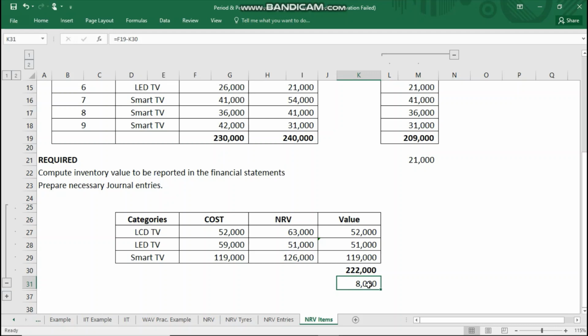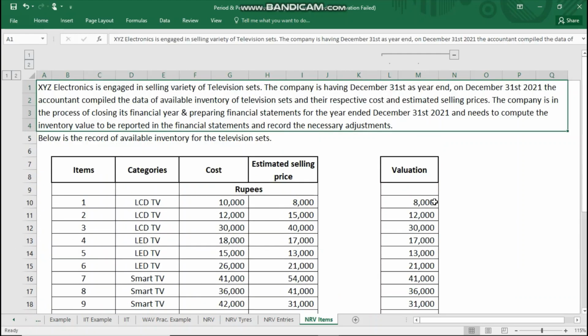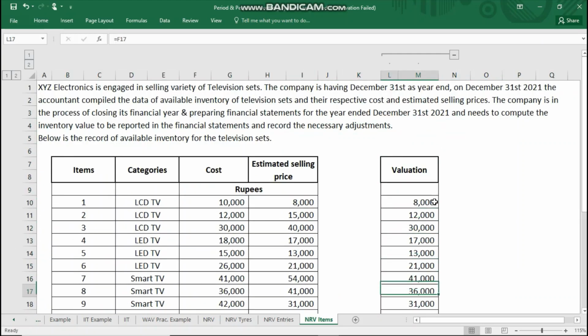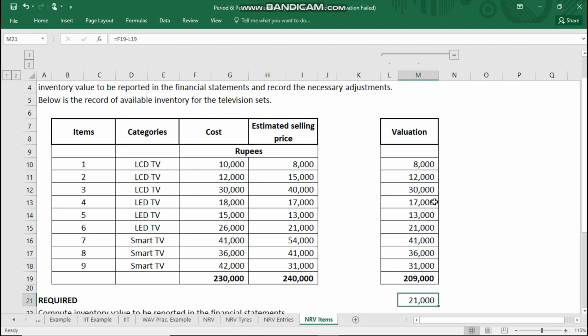So in order to avoid that risk of understatement of expenses, International Accounting Standards require us to do the NRV testing at item level. So this is the reason we are doing the NRV testing at item level instead of totality level, instead of category level. So we can only do the NRV testing at item level. That's why it is required in the International Accounting Standards.